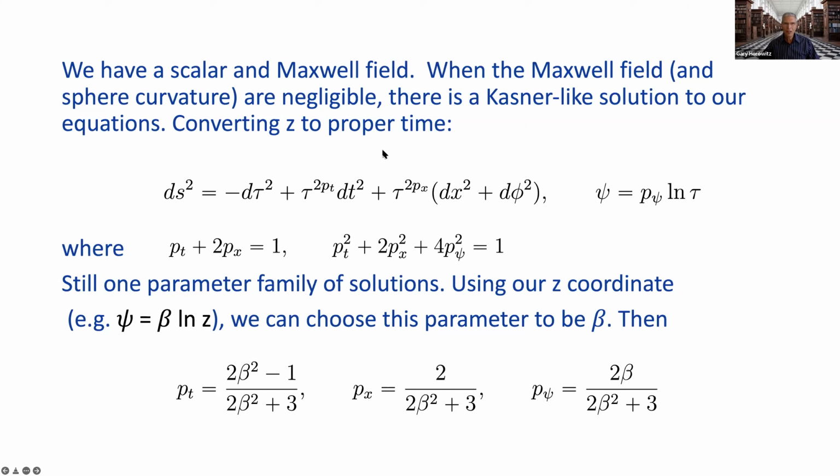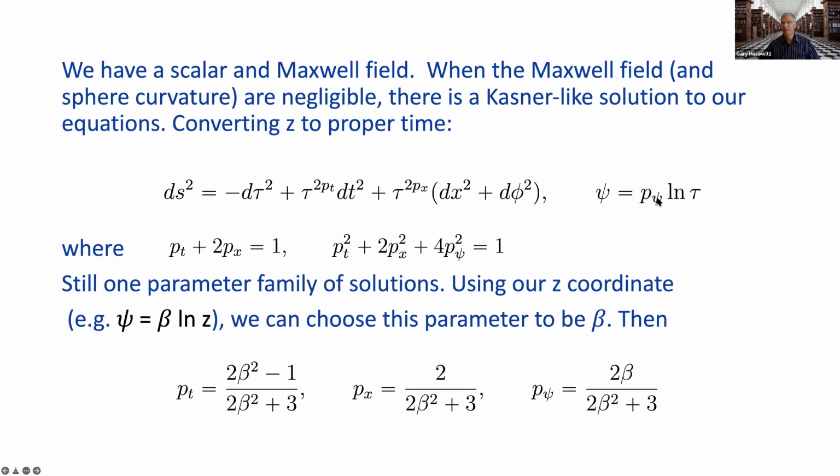And converting z to proper time, you can write that in the following way. So now I'm using the fact that we have symmetry on the sphere to say that the exponent on the x and phi directions has to be the same. So we get only one less exponent in the metric, but we have a scalar field with some coefficient of this logarithmic growth.